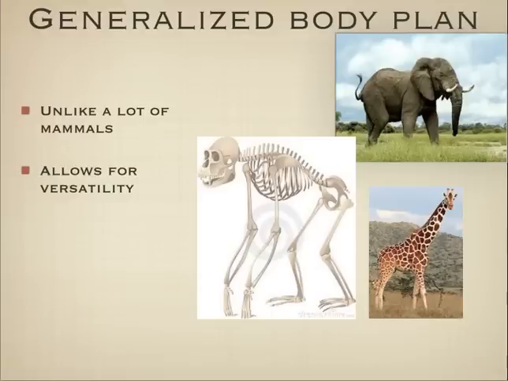For instance, an elephant may do really well on flat ground, but may not do as well if it had to climb trees. Primates, on the other hand, have this versatility where they can climb trees efficiently and move around large expanses of ground efficiently as well. This has really helped our survival.